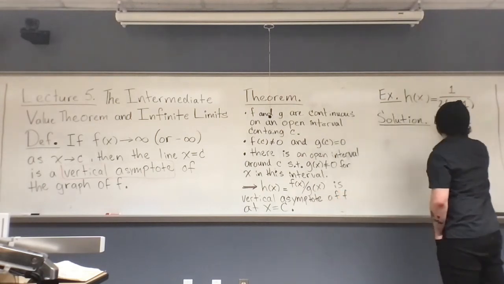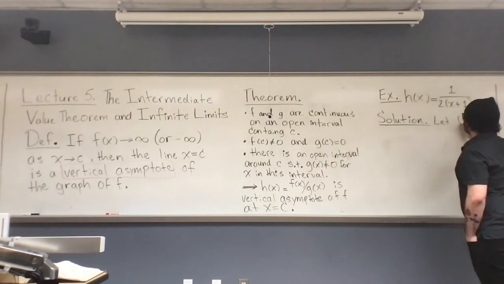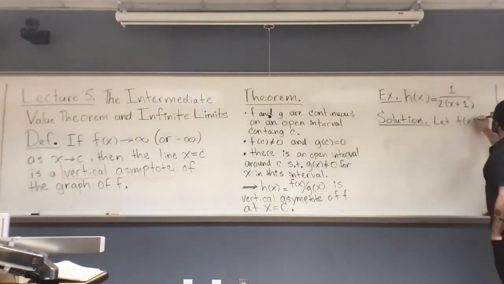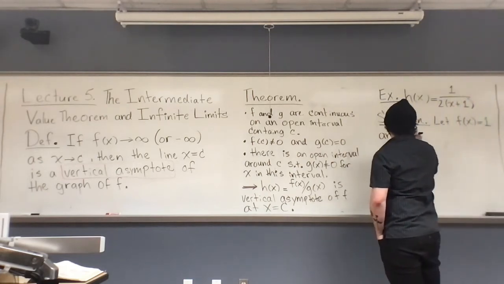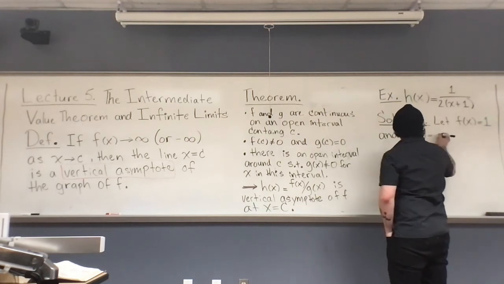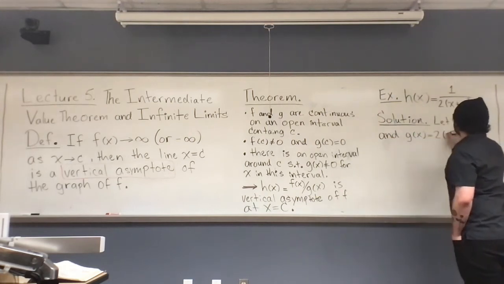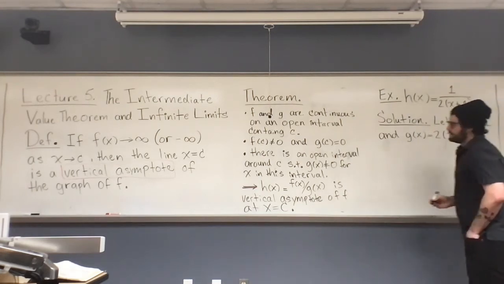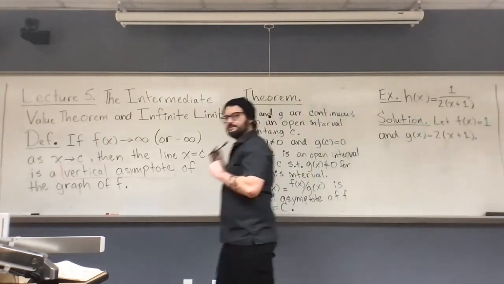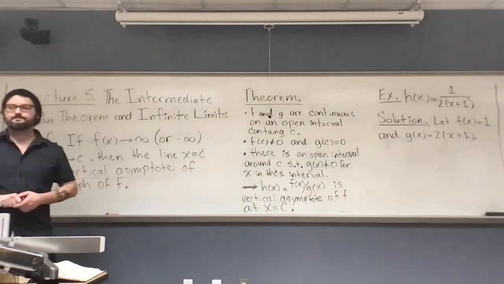So I'd say, let f of x equal the constant function 1 and g of x equal the function 2 times x plus 1. I'm setting it up to match exactly the statement of the theorem.